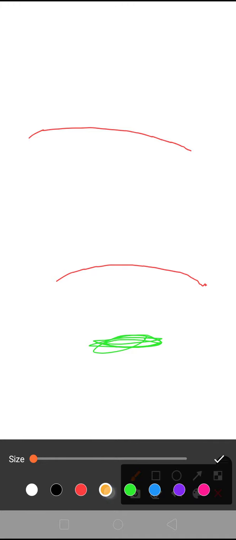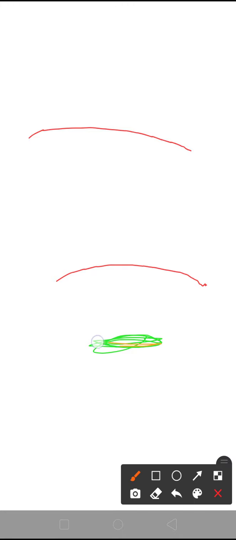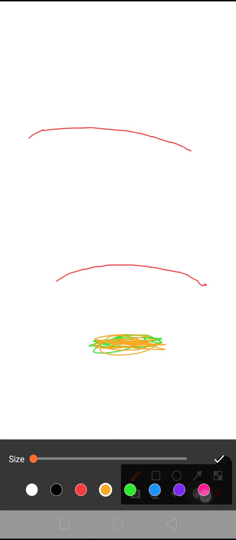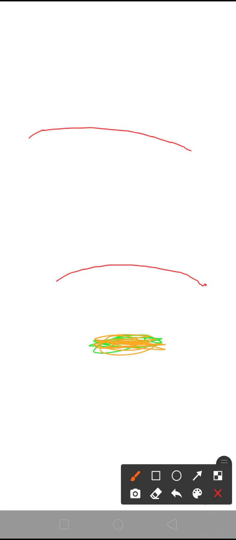I'm going to take yellow color so that you will not confuse it with this. So here is the yellow bone marrow, and again there is a structure like this. So this is the bone structure.